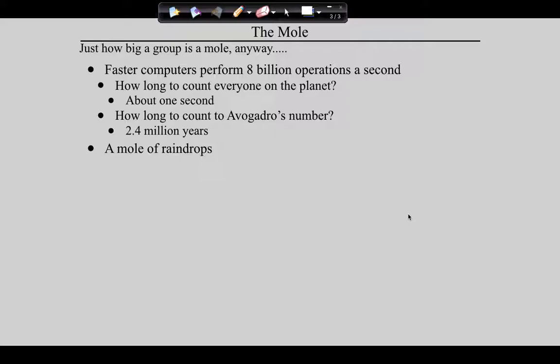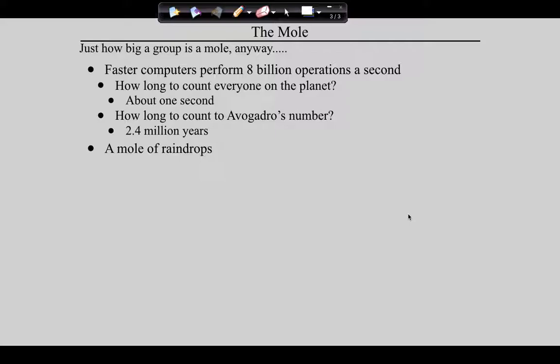Don't get that wrong. But guys, if you have a mole of raindrops, how big a bucket do you need to hold a mole of raindrops? Would it fill my sink? Would it fill this room? Would it fill this school? Now, guys, you say that flippantly, but imagine our school full of water. That's hard to imagine.